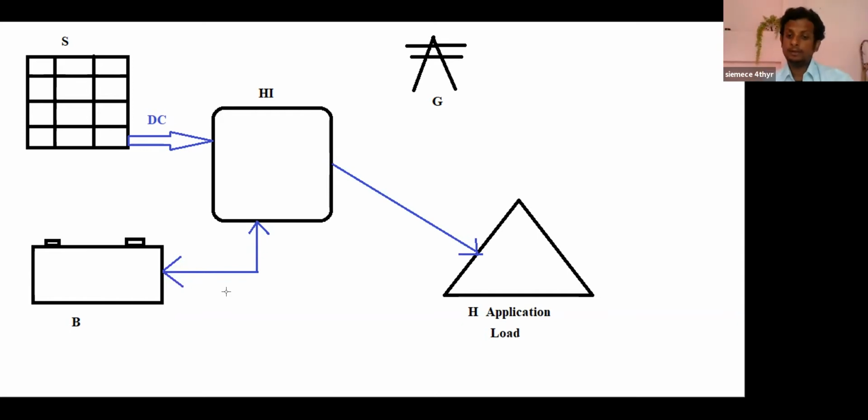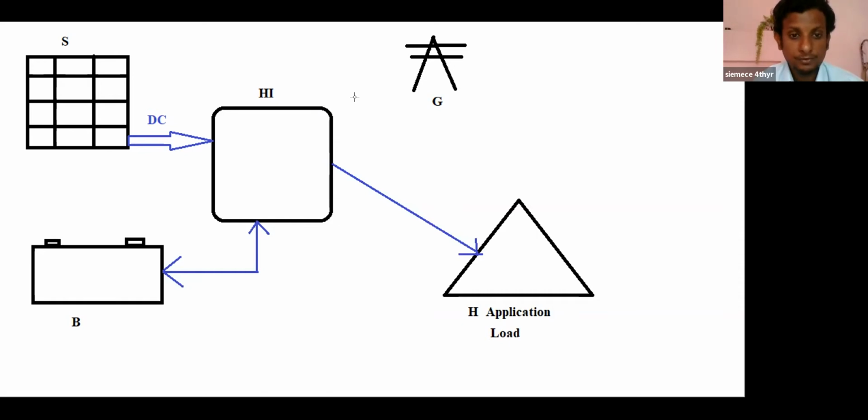Either it will take power from the inverter and charge the battery, or when there is no solar power or there is a failure in the power grid, it can provide power to the load. So it is two-way.